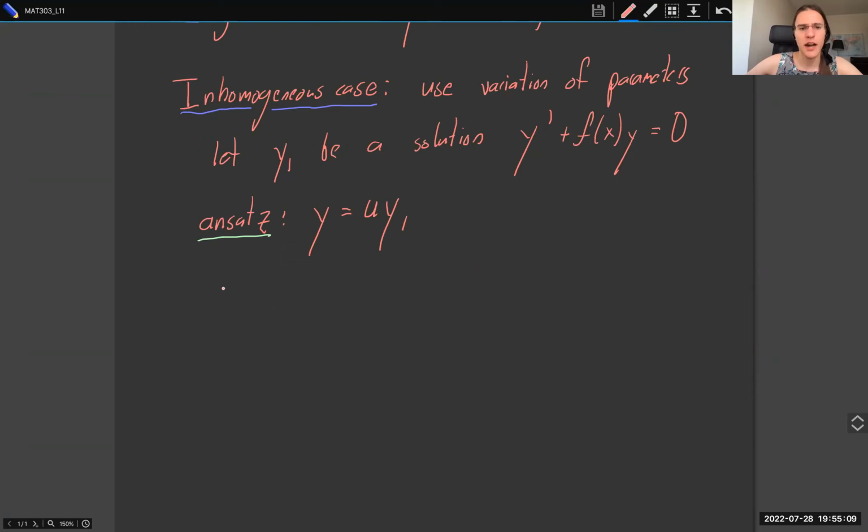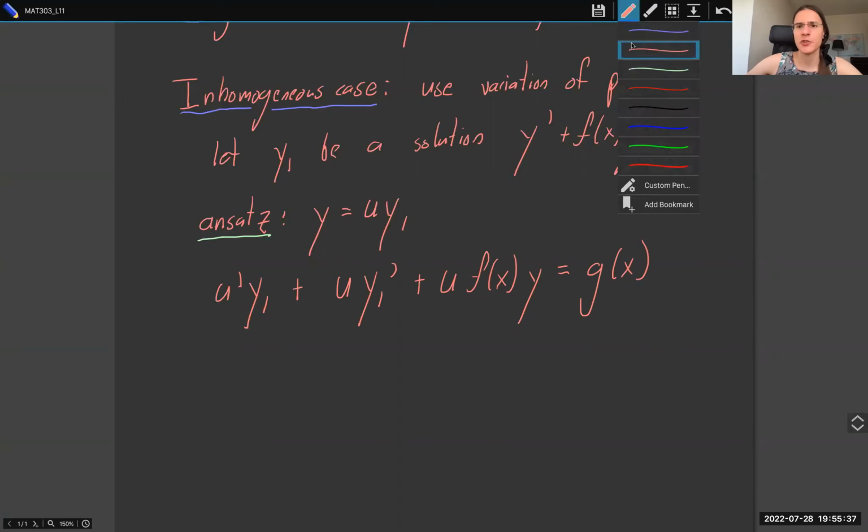You get u prime y1 plus u y1 prime plus, well, here we have u f of x y1. And then what we want this to equal is g of x. That's the original equation.